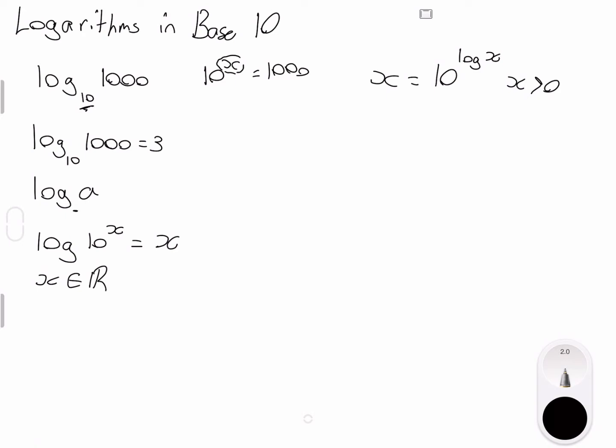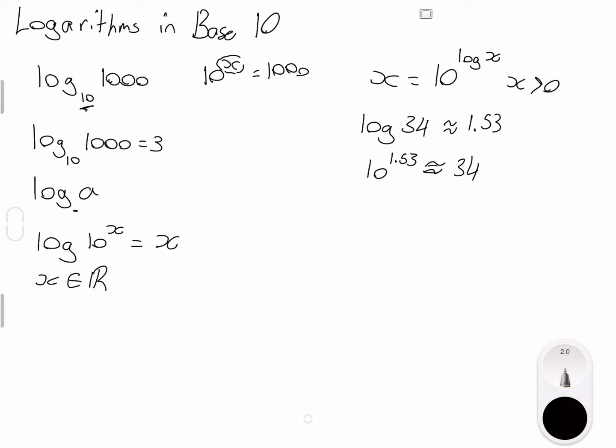Well, if I try to find the log of 34, and I use a calculator for this, it's going to roughly be equal to 1.53. And that means if I go 10 to the power of 1.53, this is going to be roughly equal to 34. So this is how logs work. They're good at working out what the exponent is.